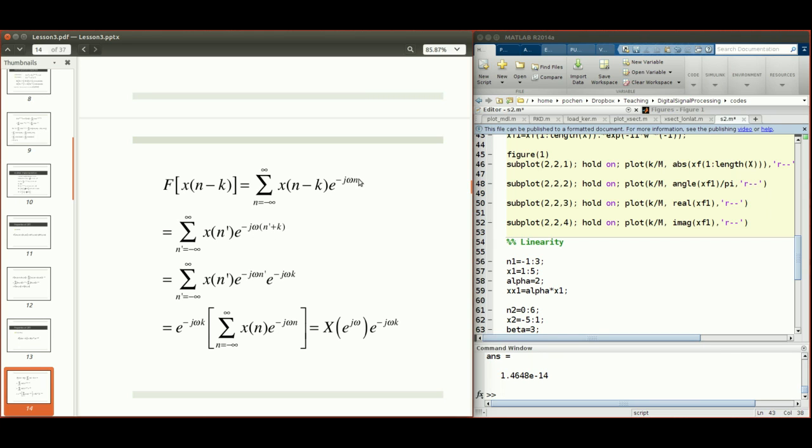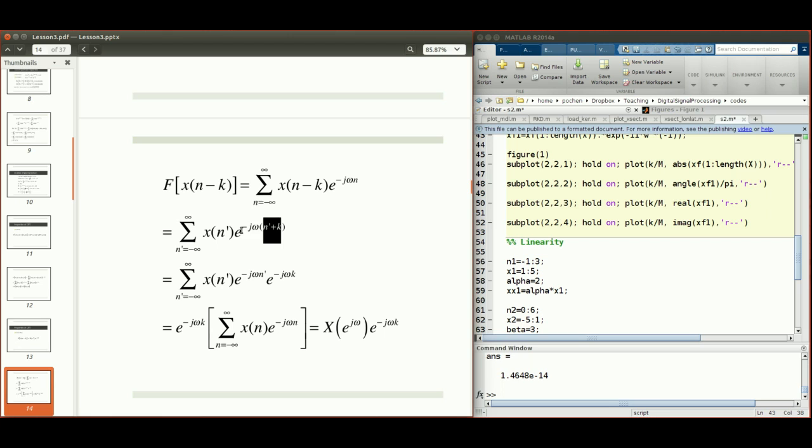And then n. So if n prime equals to n subtract k, then n equals to n prime plus k, right? So here I'm actually replacing n with n prime plus k. And then the summation index n goes from minus infinity to positive infinity, right? So n prime still goes from minus infinity to positive infinity, you see.